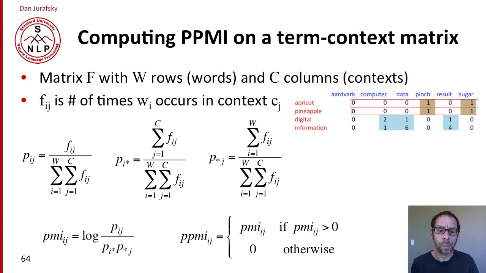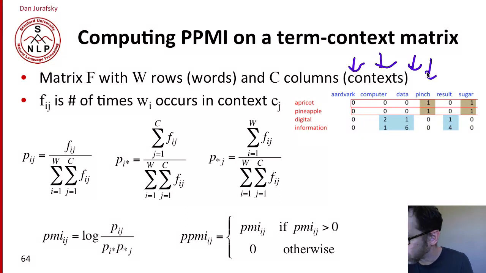So imagine that we have a matrix F, our term context matrix, we'll call it F for frequency, and we've got rows labeled by words, and we have columns labeled by contexts, which could be a context word. So we saw, for example, a context word aardvark or computer or data or pinch or so on.